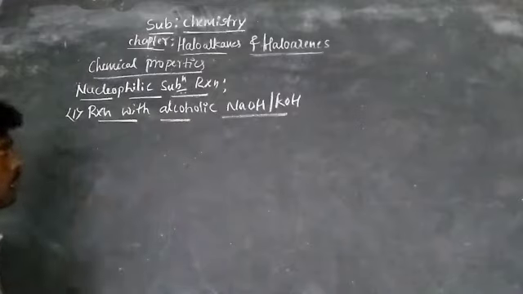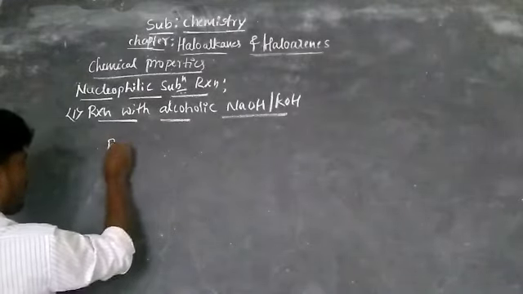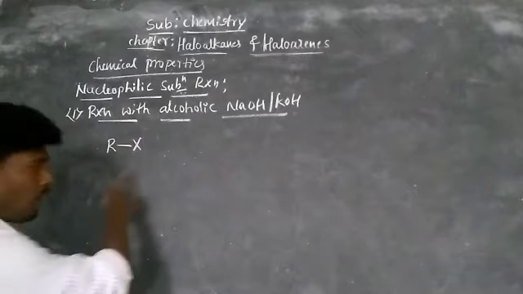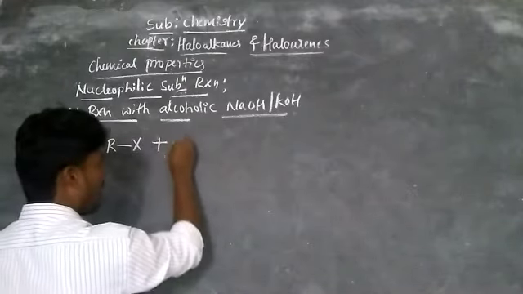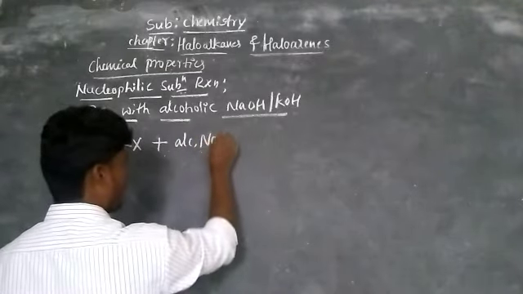So take the haloalkane, general formula R-X. This haloalkane is treated with alcoholic NaOH or KOH.